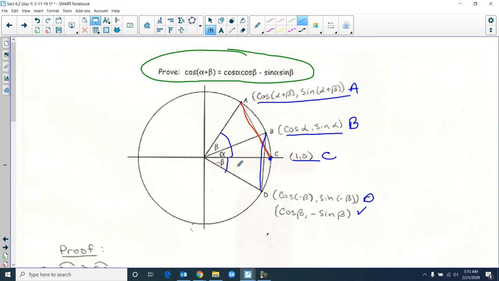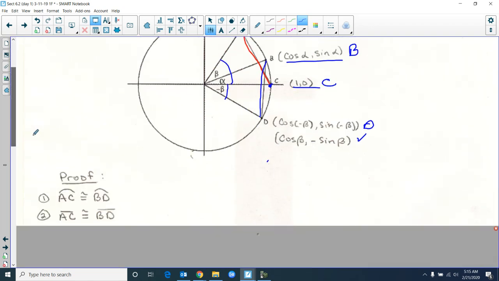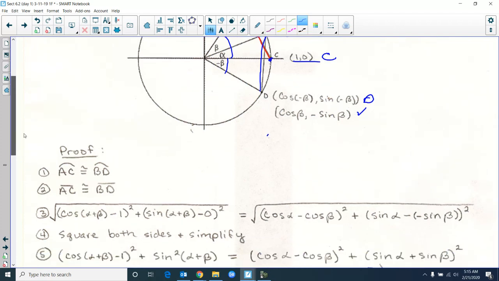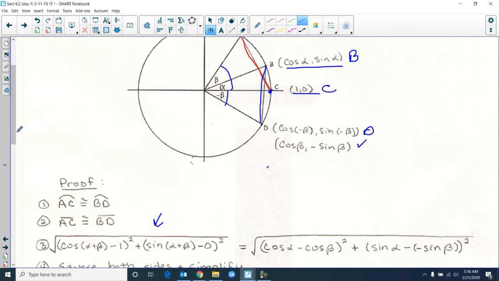So that's how we get this. Essentially, this step right here uses a distance formula with points A and C. This right here uses a distance formula with points B and D.